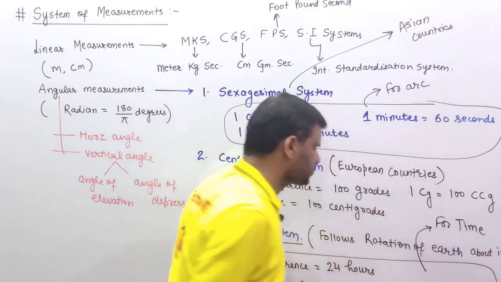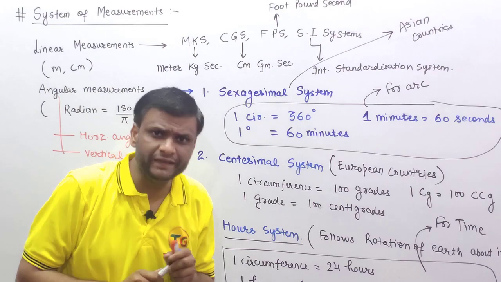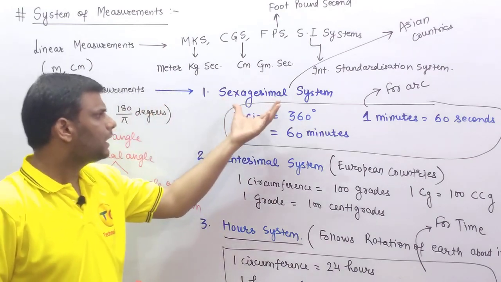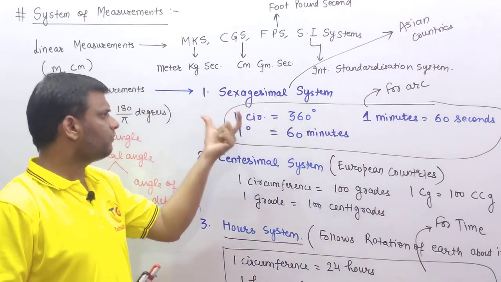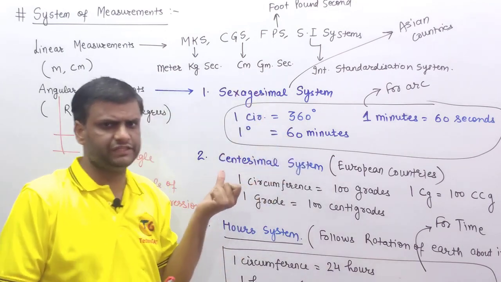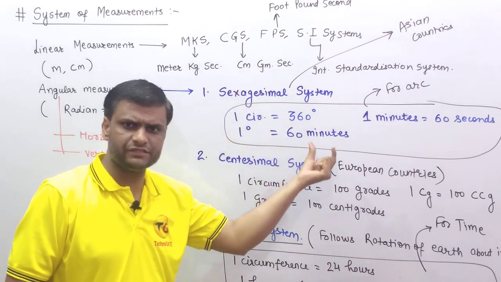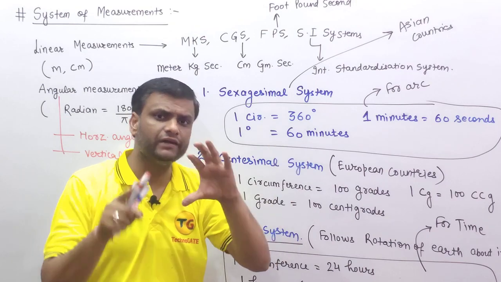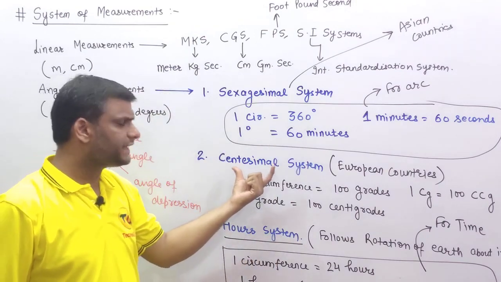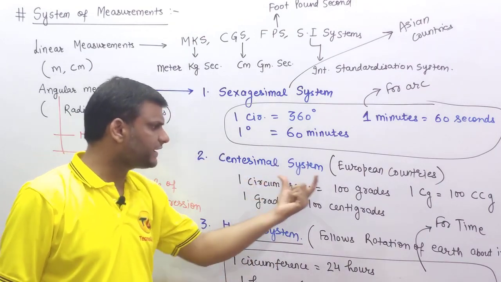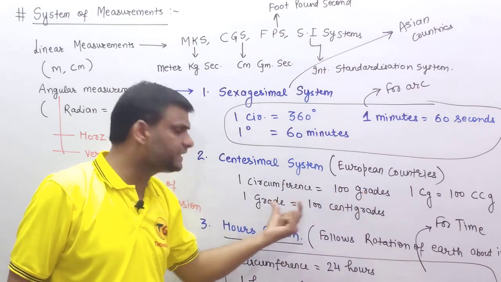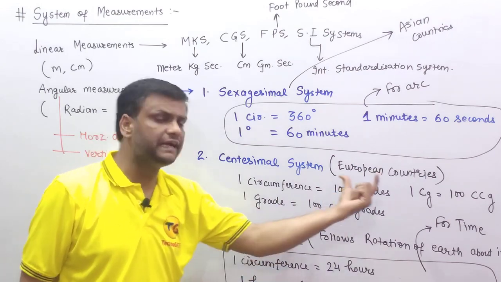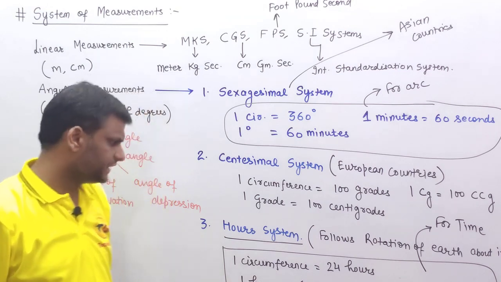So, if I am concluding these three systems, according to the sexagesimal system, one circumference equals 360 degrees, 1 degree equals 60 minutes, and 1 minute equals 60 seconds of an arc. According to the centesimal system, one circumference equals 100 grades, 1 grade equals 100 centigrades, and 1 centigrade equals 100 centigrades.